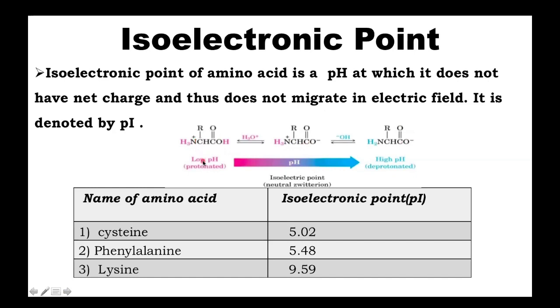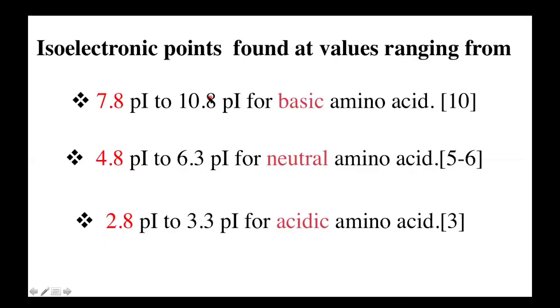I will discuss it later. If it's around 10, it will be basic. Around 5, it is neutral, and around 3, it is acidic in nature. So whenever any compound has pI around 3, it will be acidic in nature.